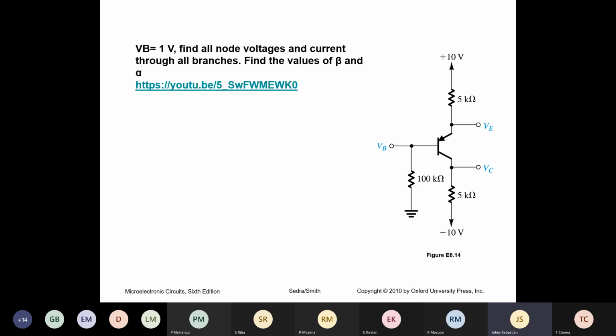Can we find the collector current? IC equals emitter current minus base current. Can we do it like that? That is 1.66 milliampere minus 10 microampere. How much is your collector current?